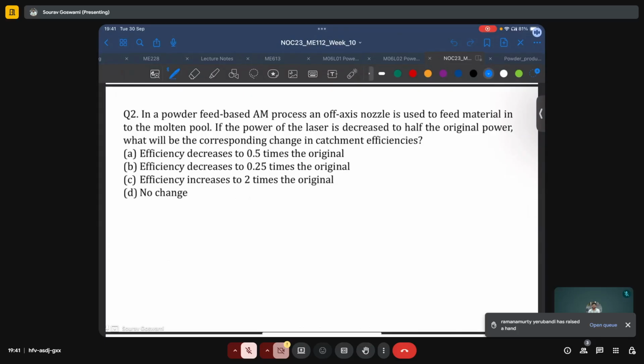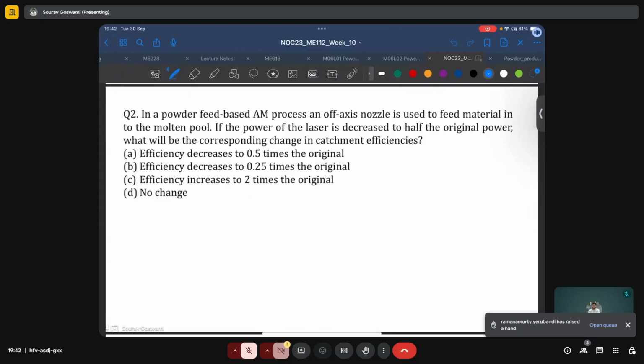So the questions we'll be dealing with today, of course, will all concern powder feed based AM processes, and some of them will be on the various relationships and formulae that were derived during the lecture. The present question asks us, in a powder feed based AM process, an off-axis nozzle is used to feed material into the molten pool.